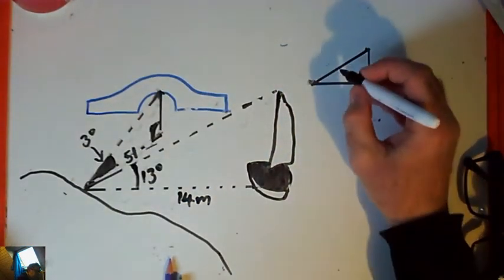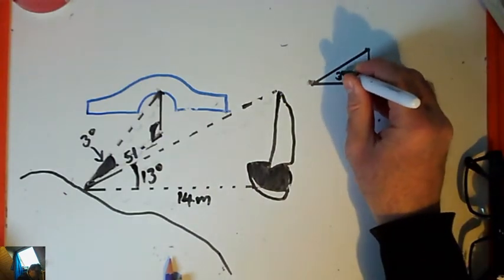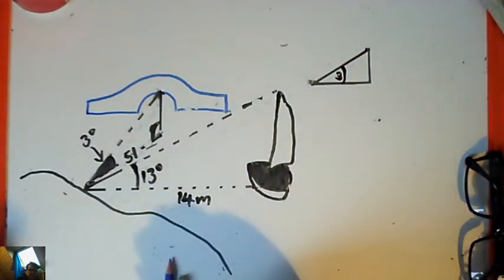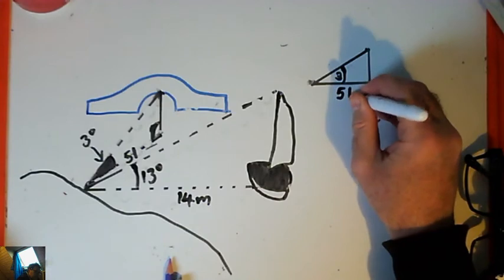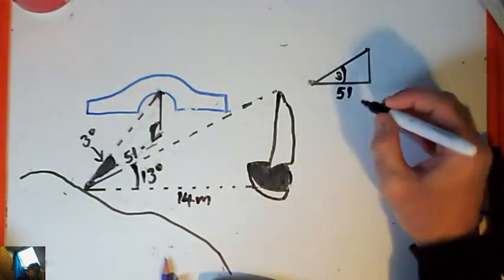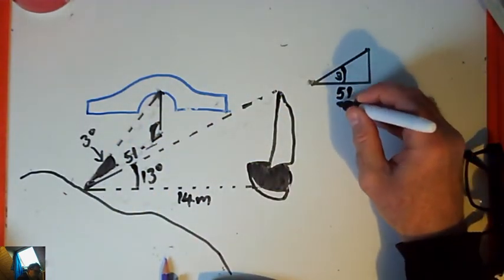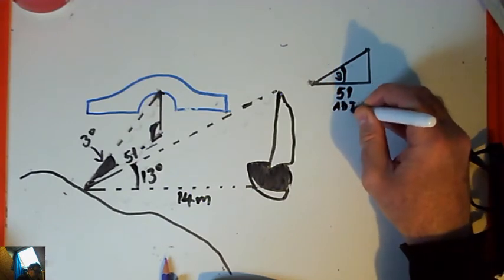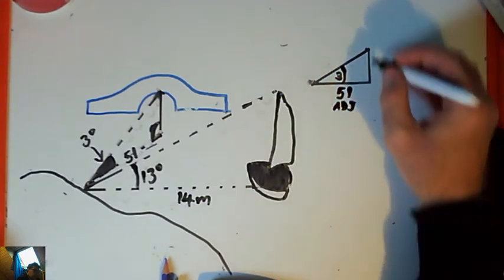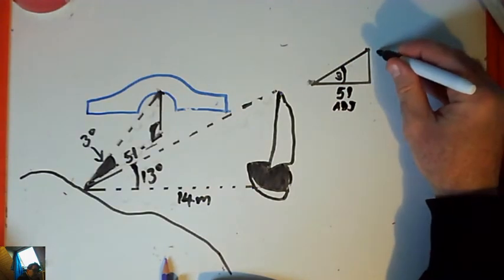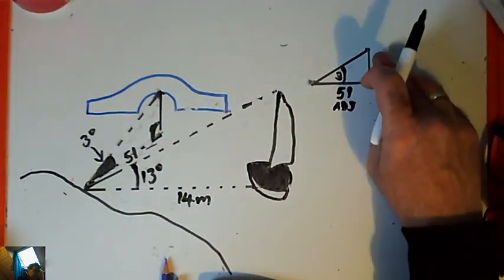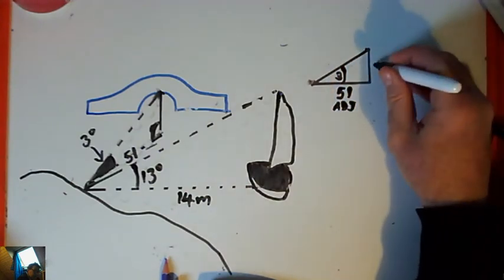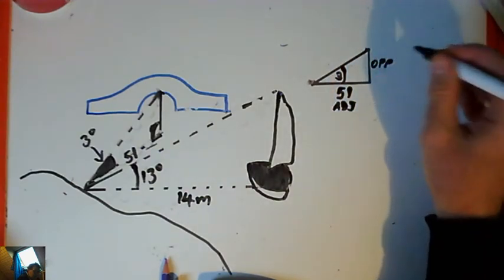So this is the 3 degrees. Obviously that's not 3 degrees, that's a lot more as I've drawn it, but this diagram is just illustrating the point. So the 51 along the ground, and in relation to the 3 degrees, that's the adjacent side. And we'd like to know the height of that triangle because it's the amount of space under the bridge. So that's opposite to the 3.